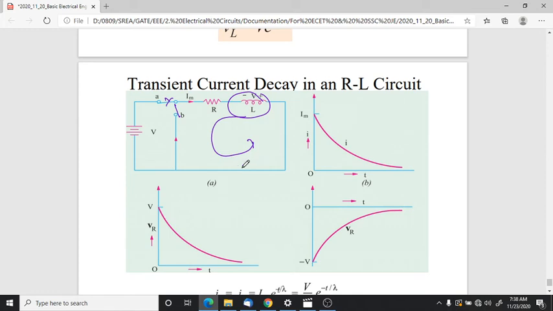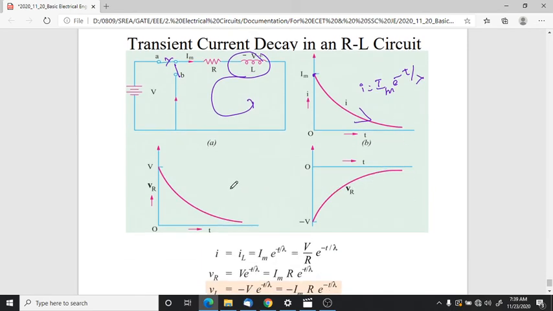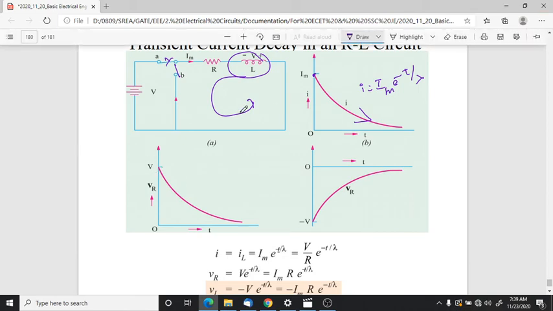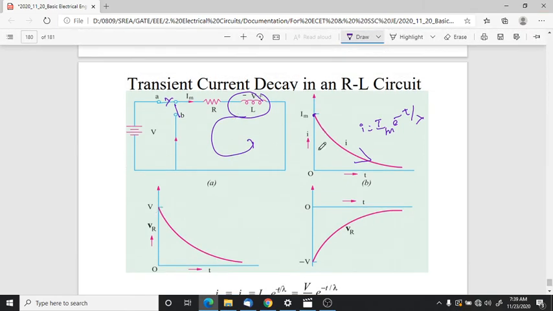If you see the current, the initial current will be high and slowly it decreases. It is in decaying mode. So the current at any instant is I equals Im into e power minus t by tau. And what about the voltage? When the current is reducing, the voltage across the resistor also reduces. Okay, so it is also in decay mode.